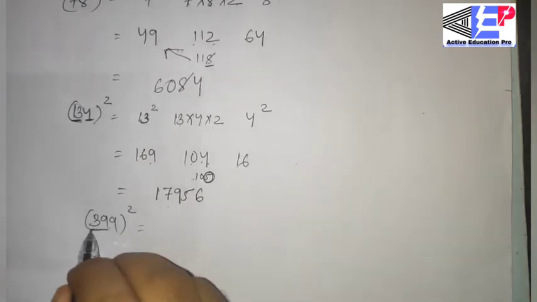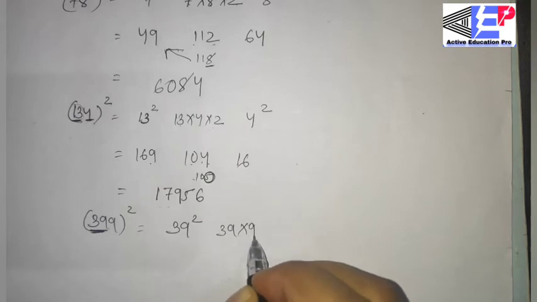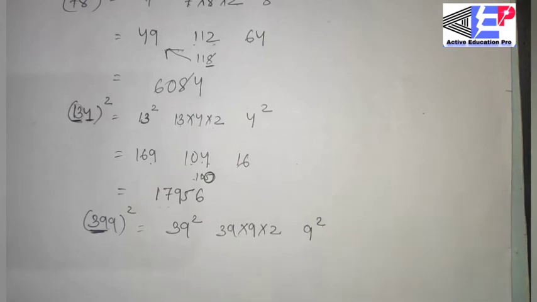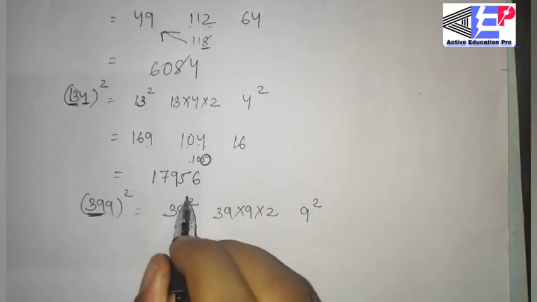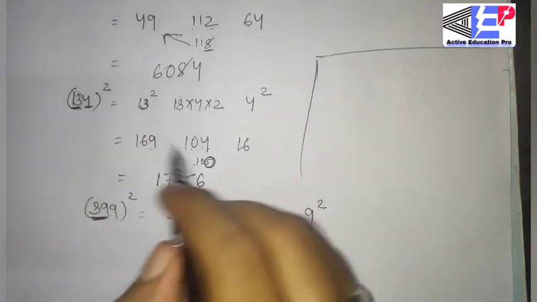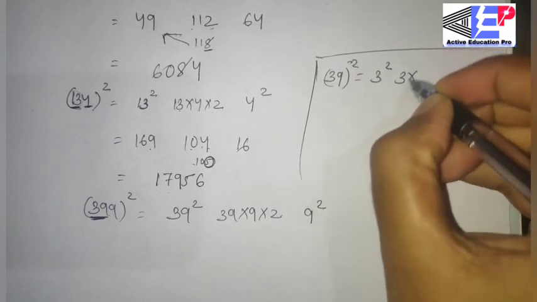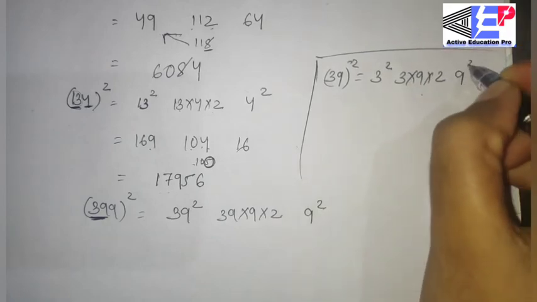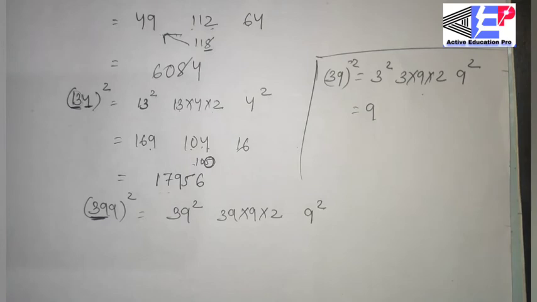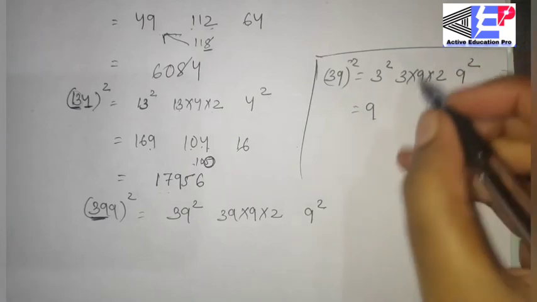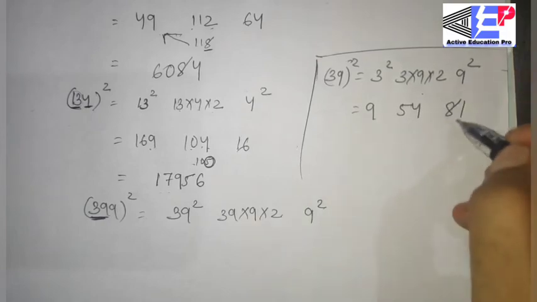Here you take 39 as A, so we need 39 square, then 39 into 9 into 2, and the right-hand part is 9 square. Here we don't know the value of 39 square, so similarly we do it like this: the square of 39 is 3 square, 3 into 9 into 2, and 9 square. 3 nines are 27, 27 twos are 54, and this one is 81, the square of 9.